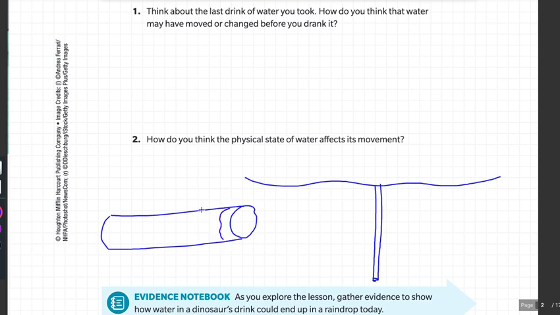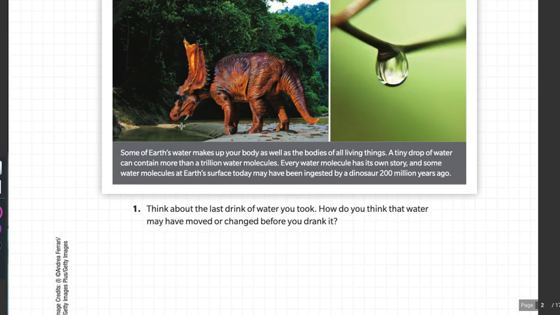They have different layers that you can see. Maybe if a volcano erupted, there'd be a darker layer, and they can look at the composition of the air bubbles in these layers. So in this situation, water is not moving very much because it's there for a super long time. But if it's, like I said, if it's in a river or it evaporates, then it gets moved around a lot more.